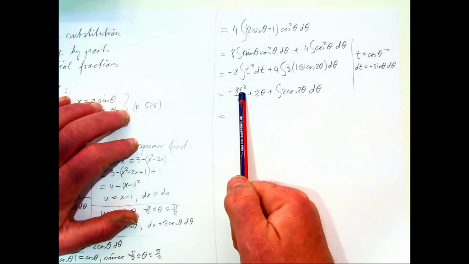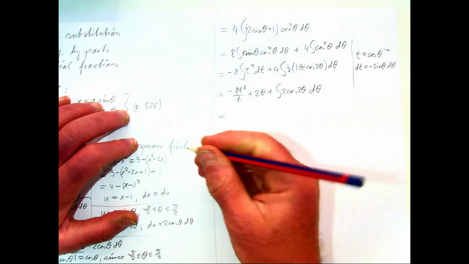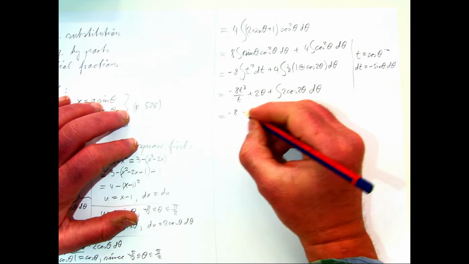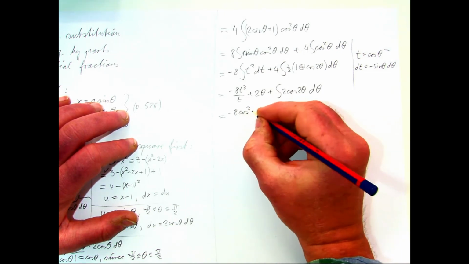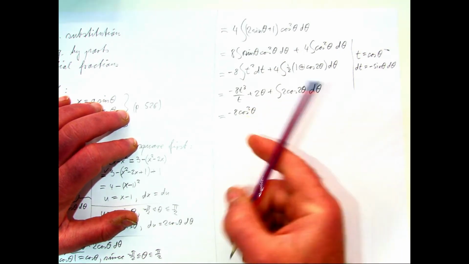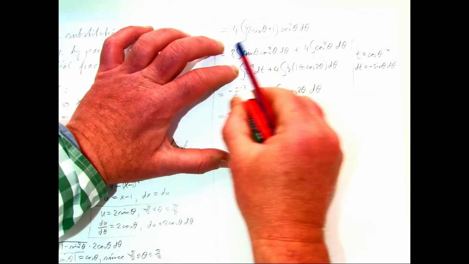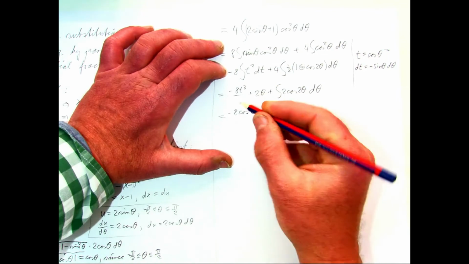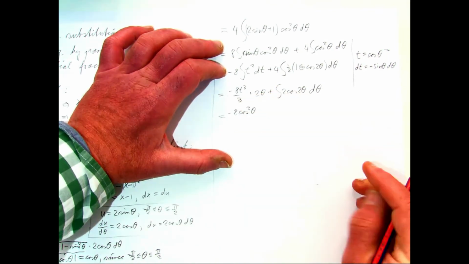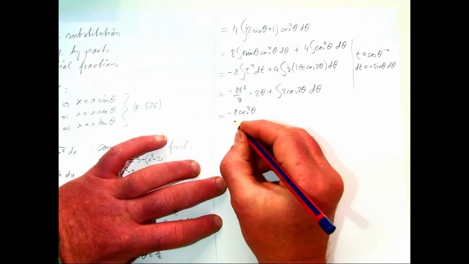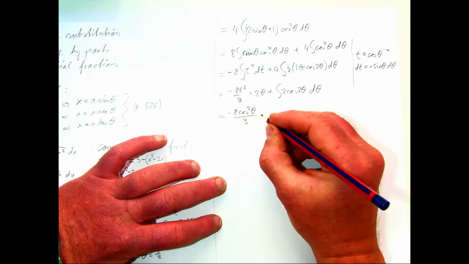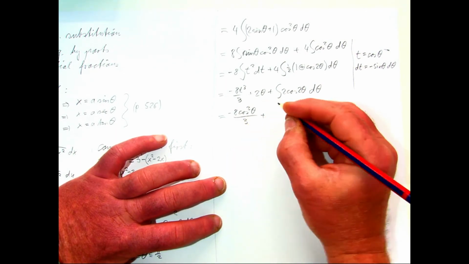Then, well, let's go back from the t to the cos. That would be minus 8 cos to the third of theta over 3.